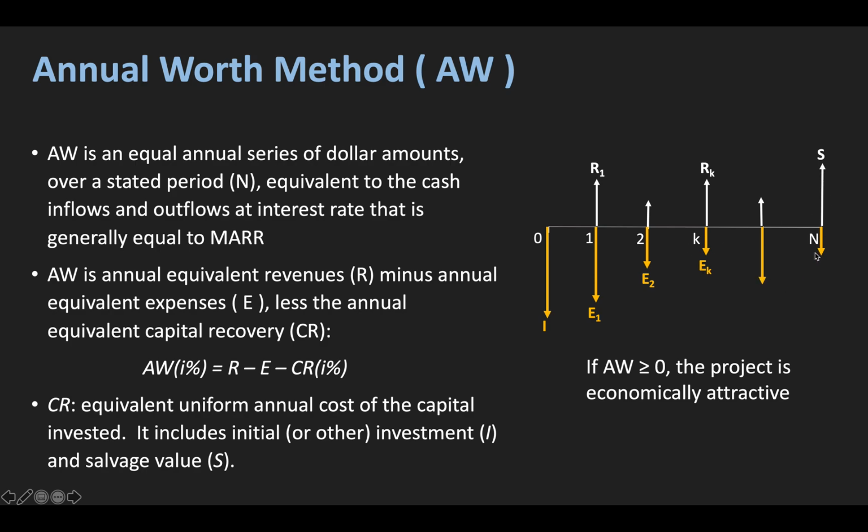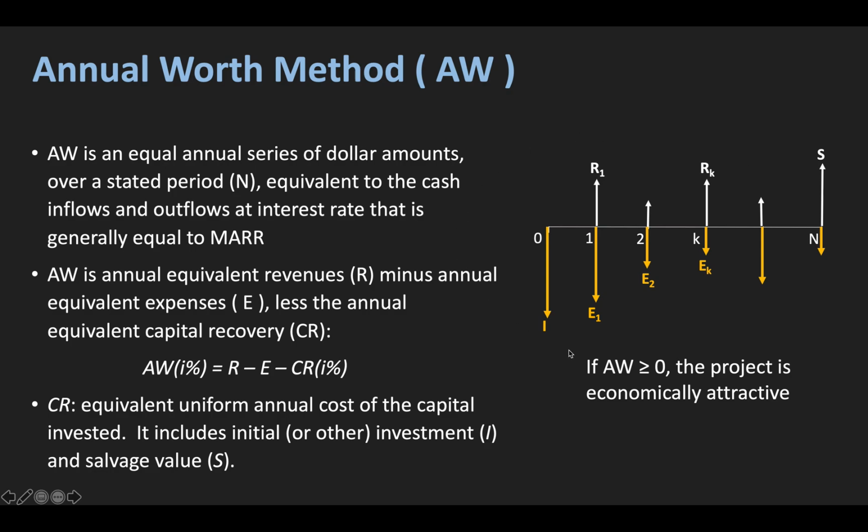Then at the end you might have some revenue, but you also have the salvage value for the equipment or for your investment. Think about the machine we said you bought before. Now you sold it, or changed it to just sell as a piece of garbage, and then what will be that value? That's the salvage value.